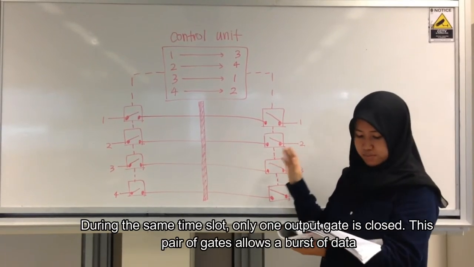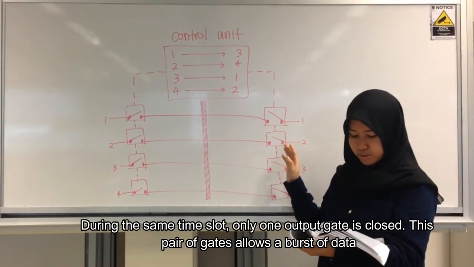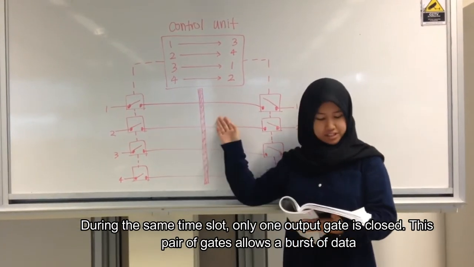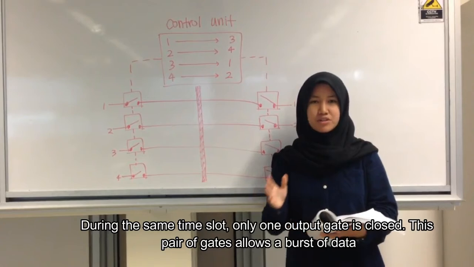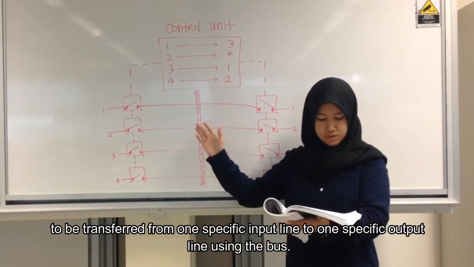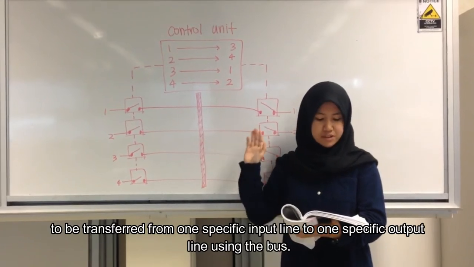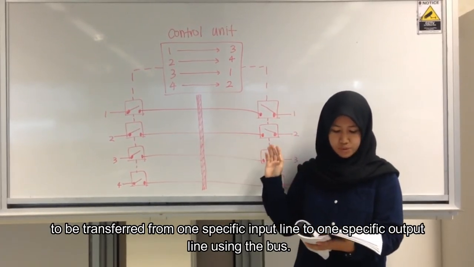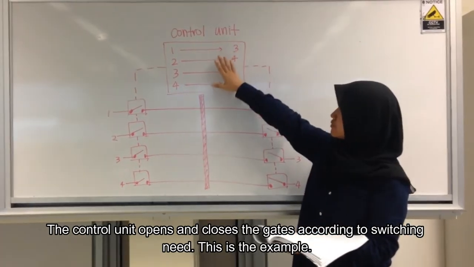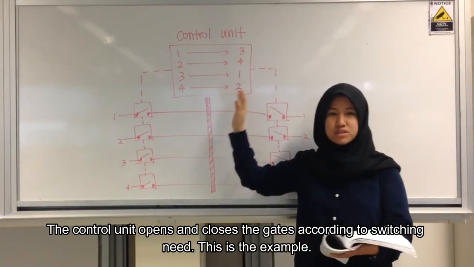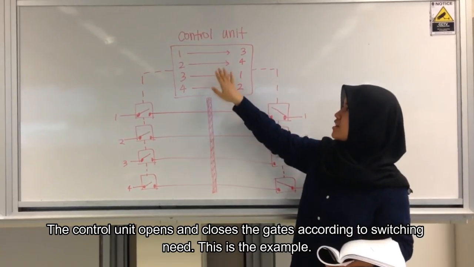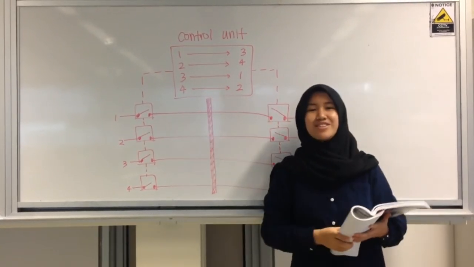So during the same time slot, only one output gate is closed. This pair of gates allows a burst of data to be transferred from one specific input line to one specific output line using the bus. The control unit opens and closes the gates according to the switching needed, as in this example. So that's all. Thank you.